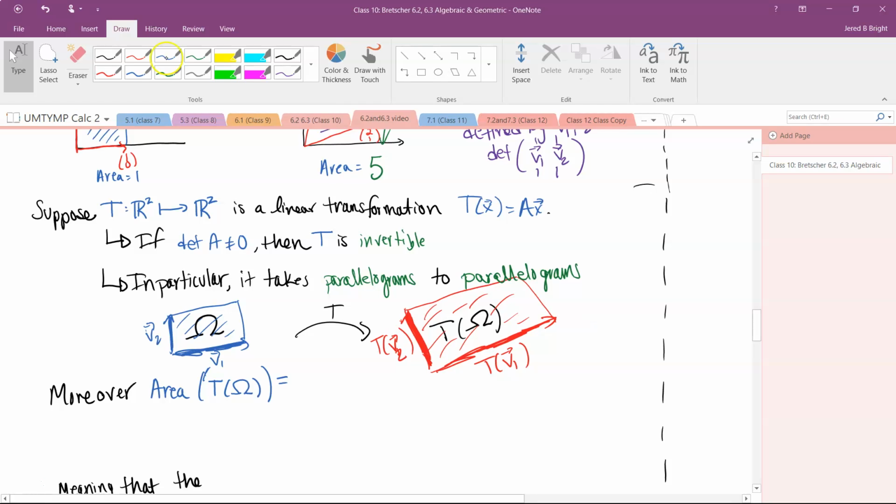Nothing really new there, but if we look at the area of T omega, according to what we saw above, this should be the determinant of T(V1) and T(V2). If we look at this more carefully, this is going to be the determinant of AV1 and AV2, because that is what T is by definition.